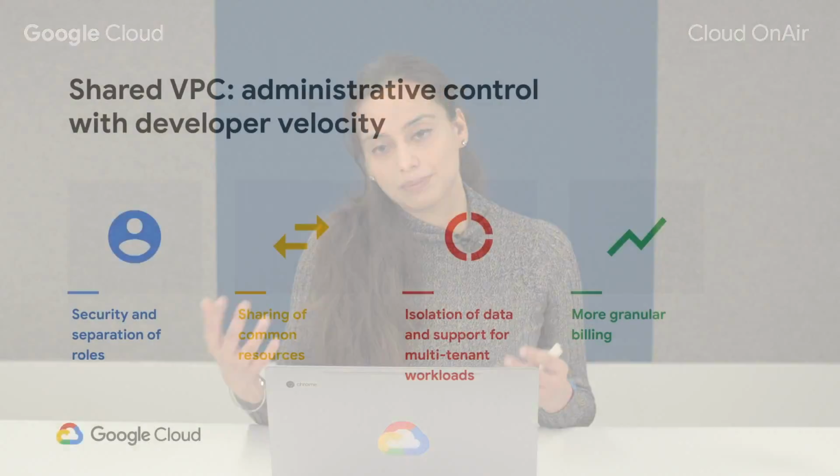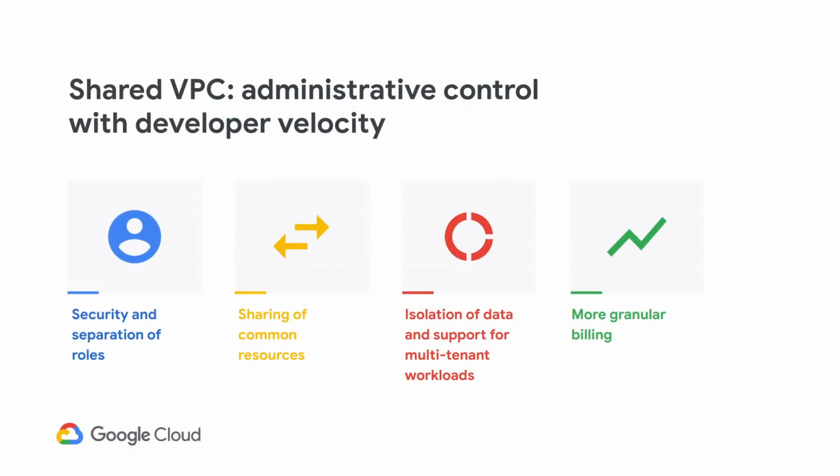What does that mean? In a typical enterprise, there's a platforms team which wants to control things like firewalls, peerings, and other very critical network resources. And then you have some application teams that still want to create and manage their Kubernetes clusters.